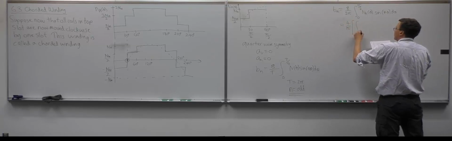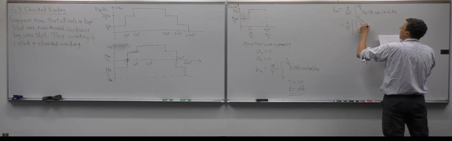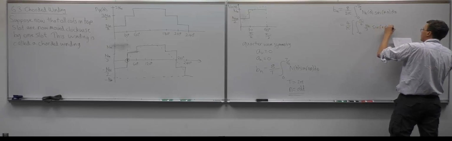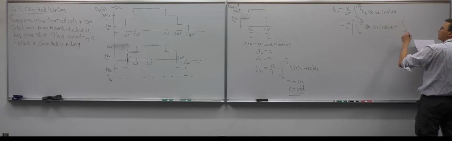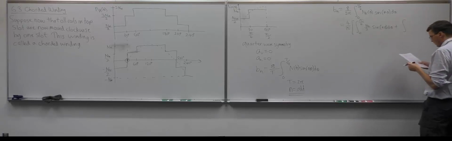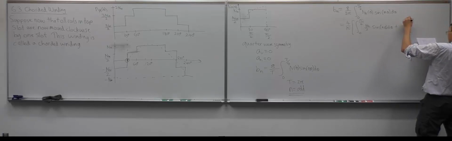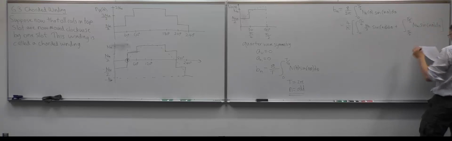So we have from 0 to pi over 6, nw over 2 sine n theta d theta, plus the second term, which is from pi over 6 to pi over 2, nw sine n theta d theta, like that.